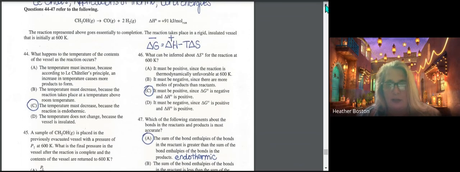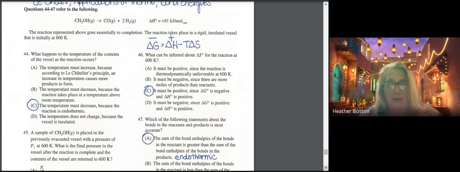What can be inferred about delta S? Well, it has to be positive because one of the terms has to be positive. So if delta H is positive, then delta S has to be positive because of the negative in front of that term, in order to make delta G negative.